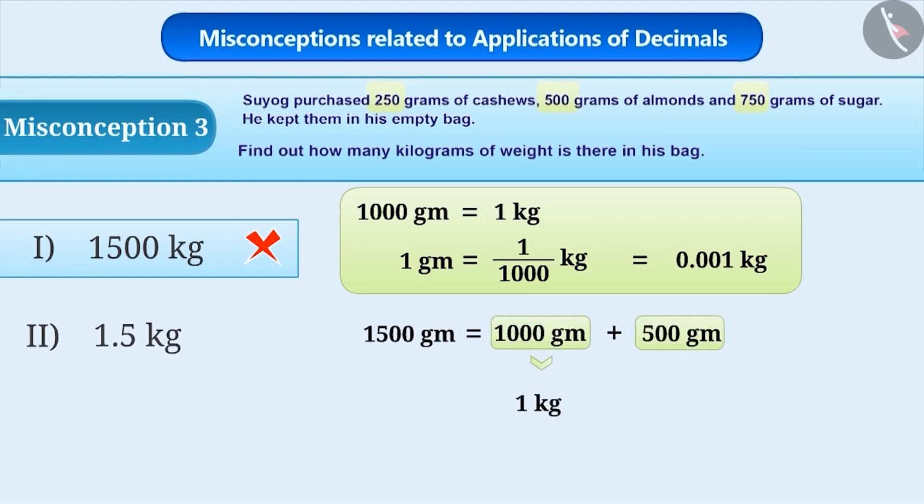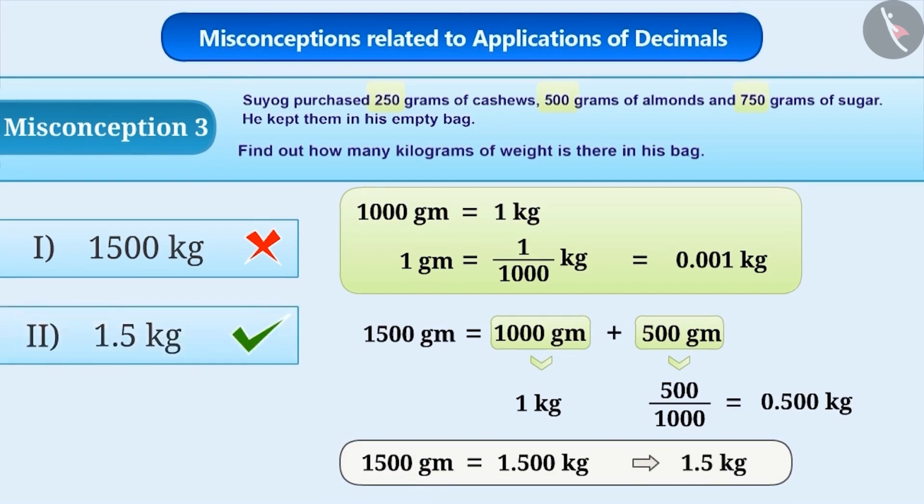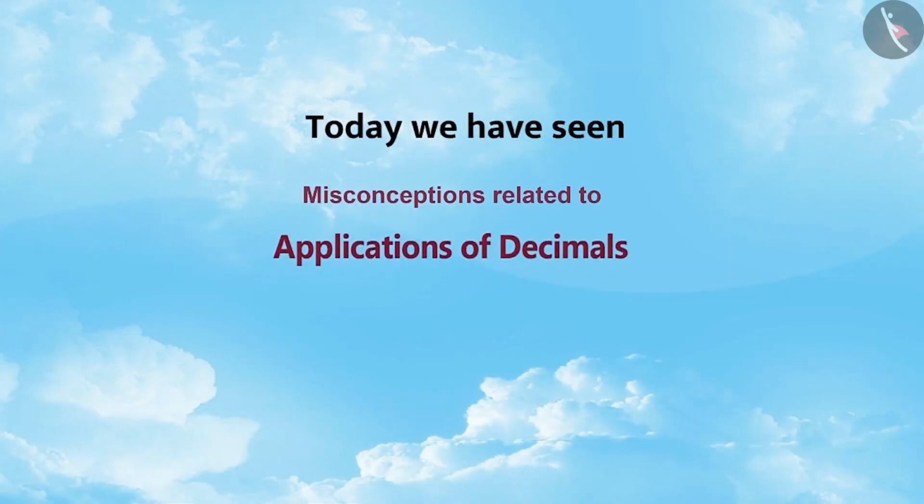Similarly, 500 grams equals 500 by 1000 equals 0.5 kilograms. Therefore, 1500 grams equals 1.5 kilograms. The correct answer is option 2. Today, we have seen misconceptions related to the applications of decimals.